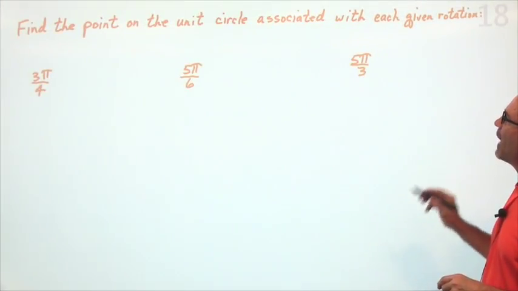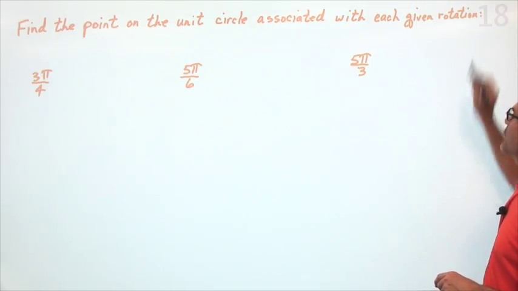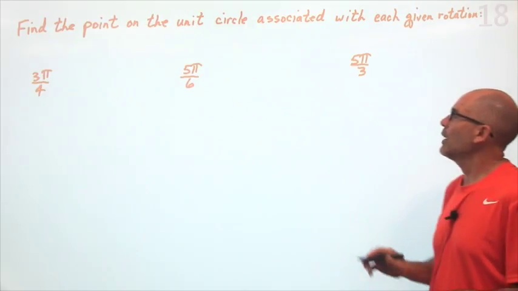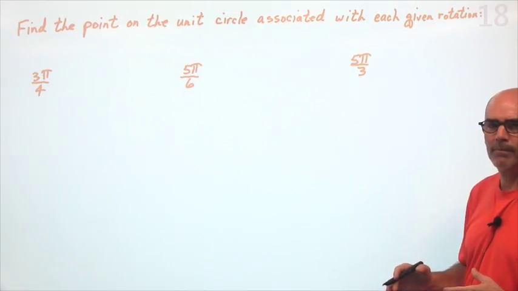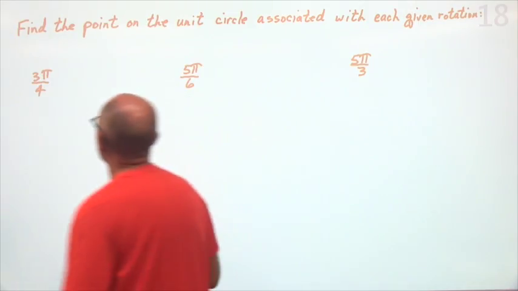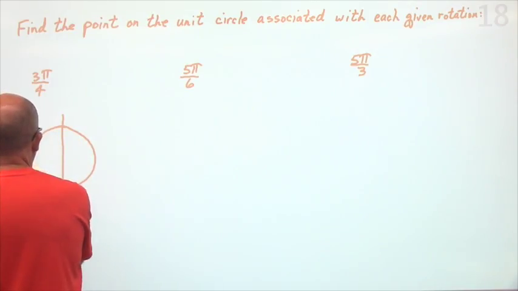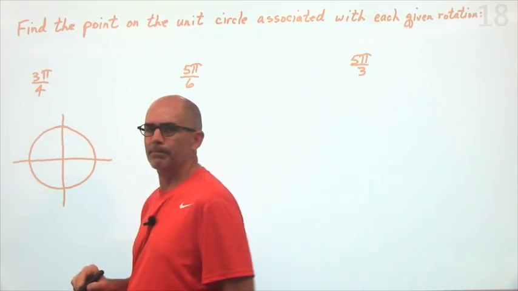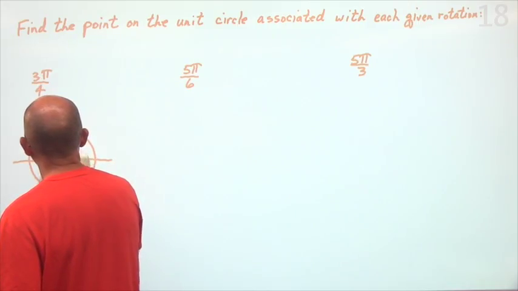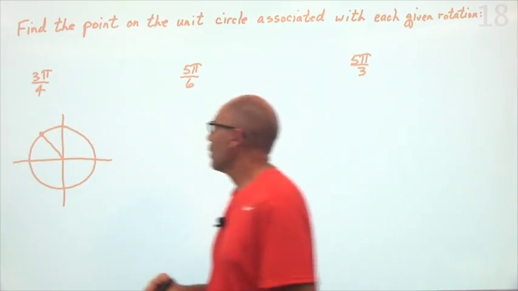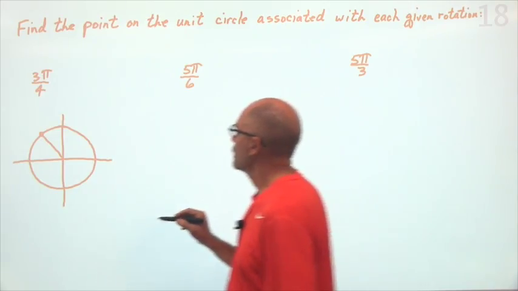All right, so find the point on the unit circle associated with each given rotation. So we want the point on the unit circle associated with 3 pi over 4. Well, let's draw that. Where is 3 pi over 4? Well, it's the 45-degree angle in the second quadrant. That's 3 pi over 4. Now, what is the point on the unit circle?